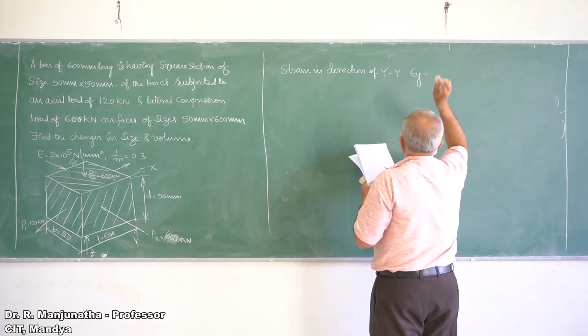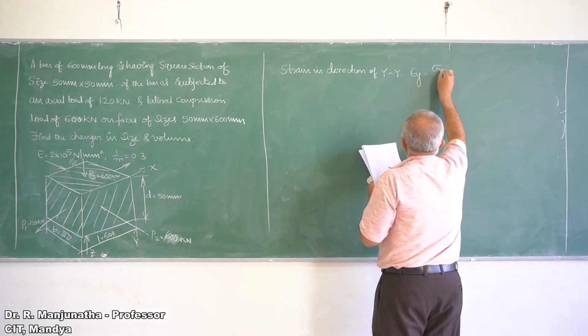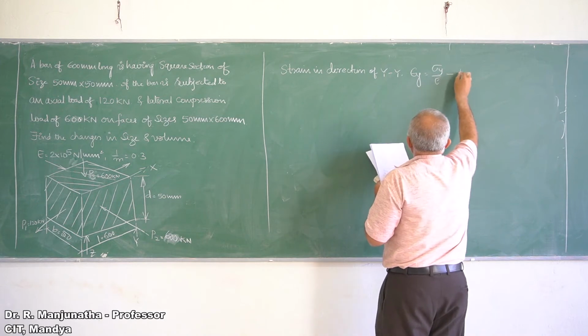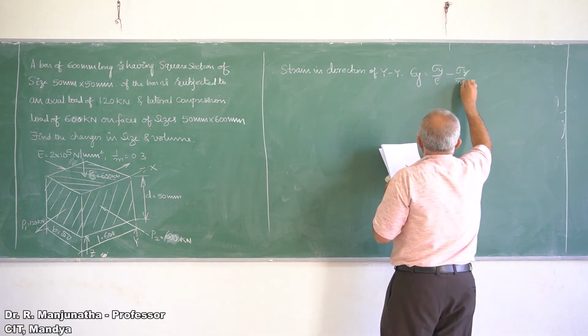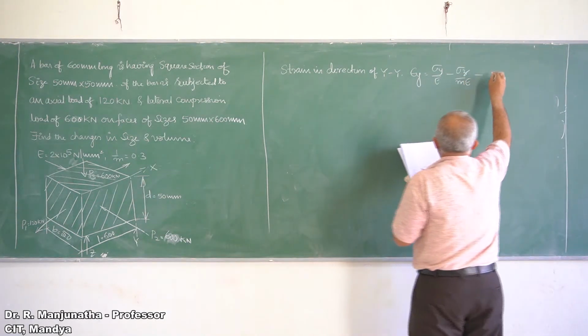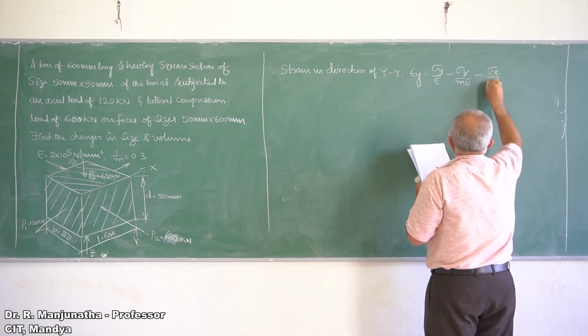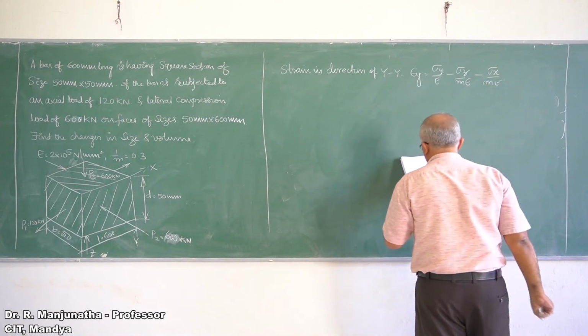The general term will be equal to sigma y by E minus sigma z by m into E minus sigma x by m into E. So this is the general term which we are talking about.